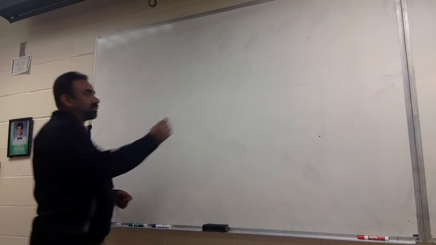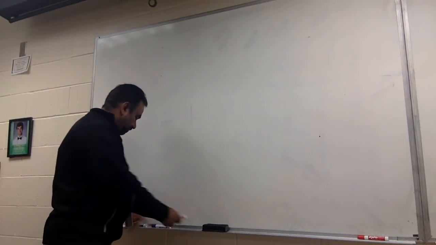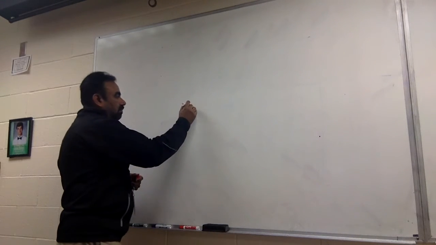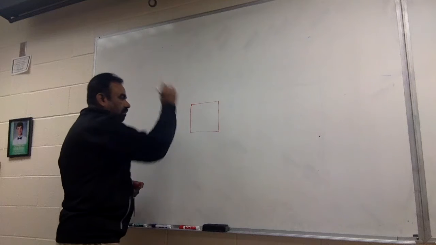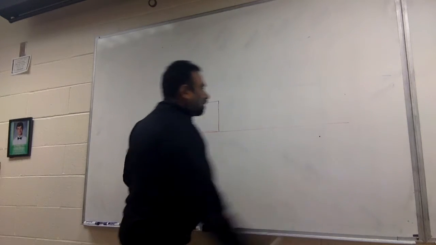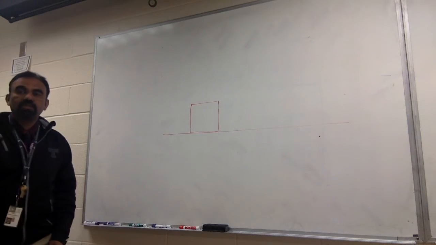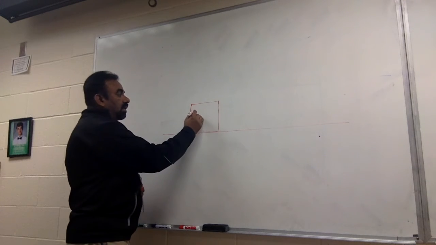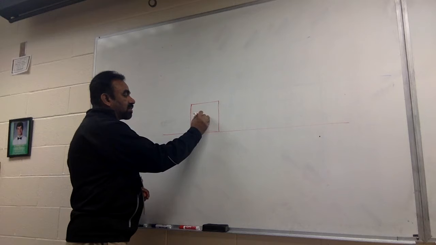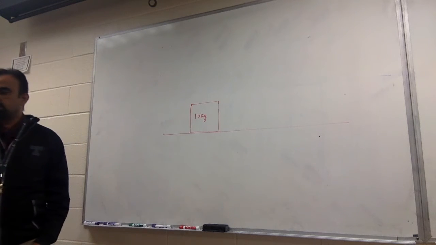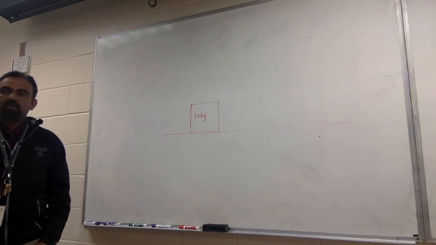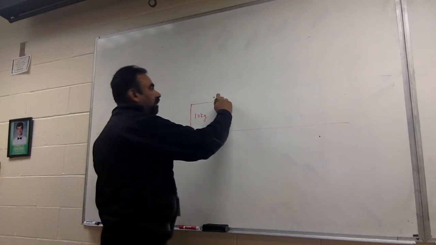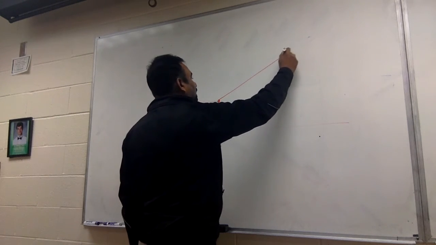One more situation here. All right, this box is resting on the floor. Let's say the box weighs 10 kilograms. Suppose you tie a rope onto it and pull it like this.